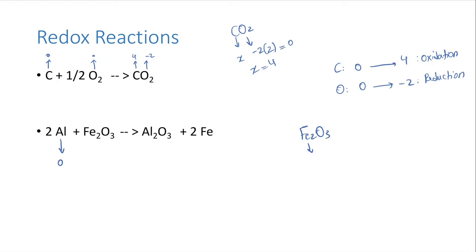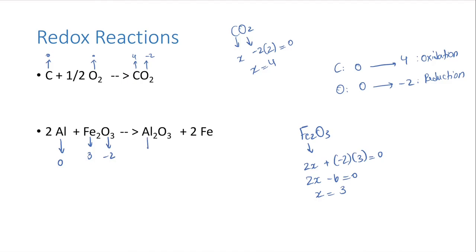Fe2 is 2x, I don't know, plus -2 times 3. This is a neutral compound, so it equals 0. So 2x plus -6 is equal to 0. This means that x is equal to 3. Right here, x is equal to 3. Oxygen is -2. Let's solve for Al2O3.